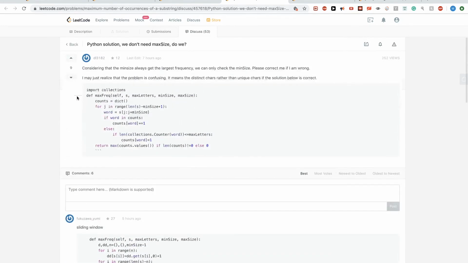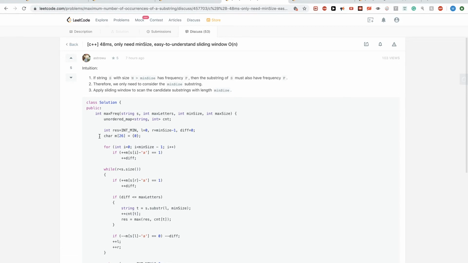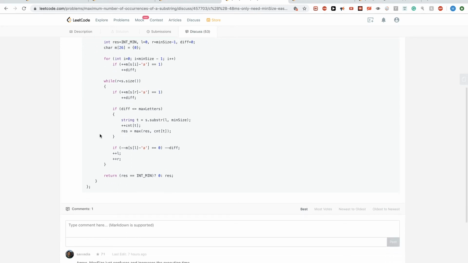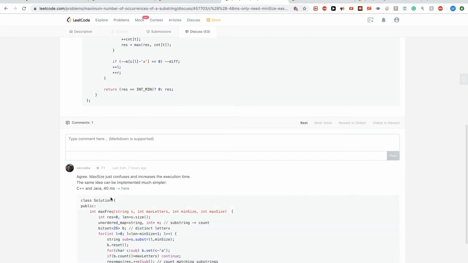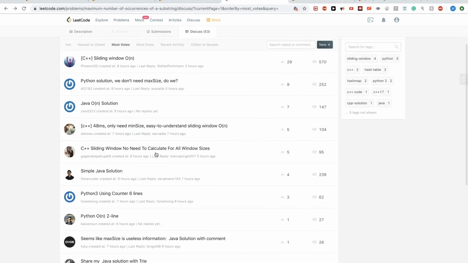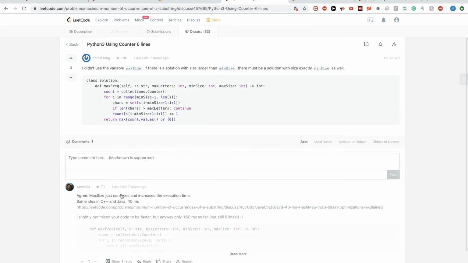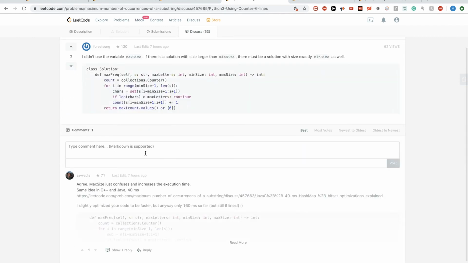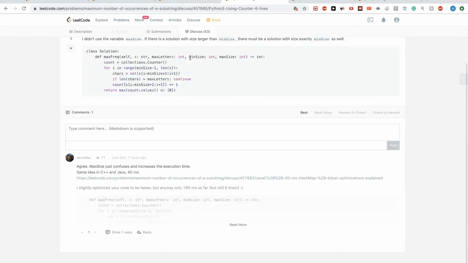Because maybe it's just that the constraints aren't good enough. Yeah, this is a good justification for it, right?